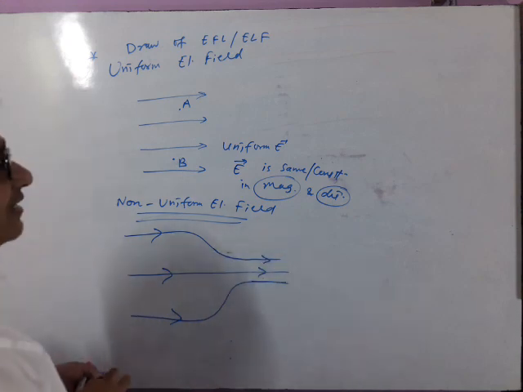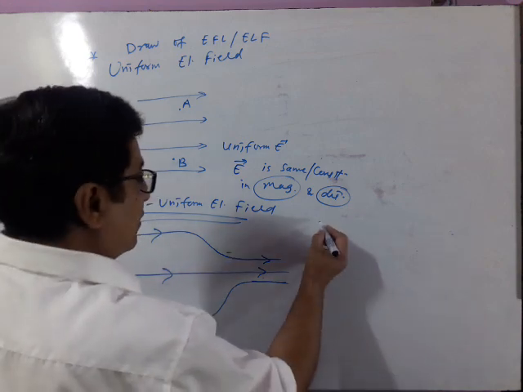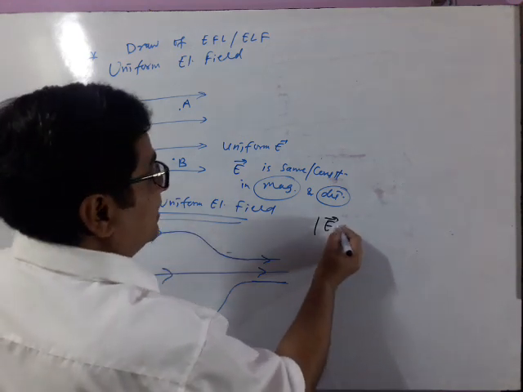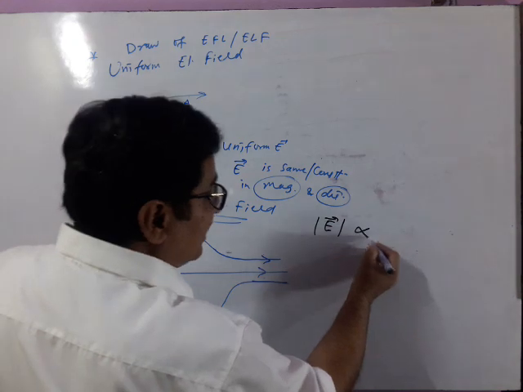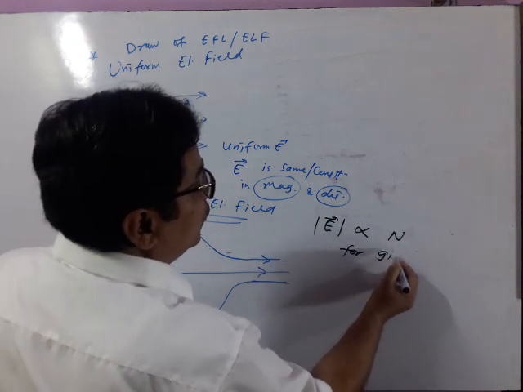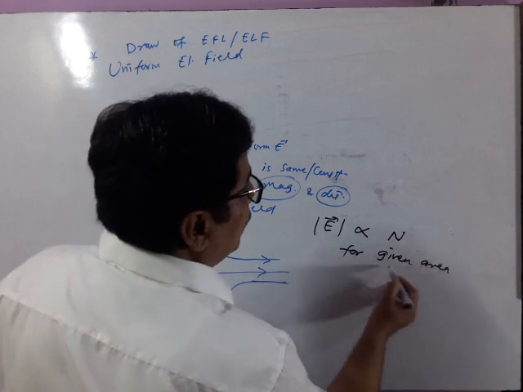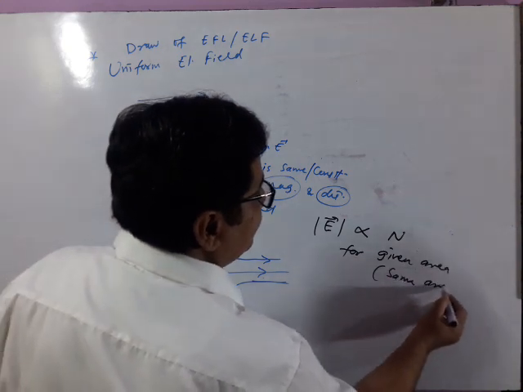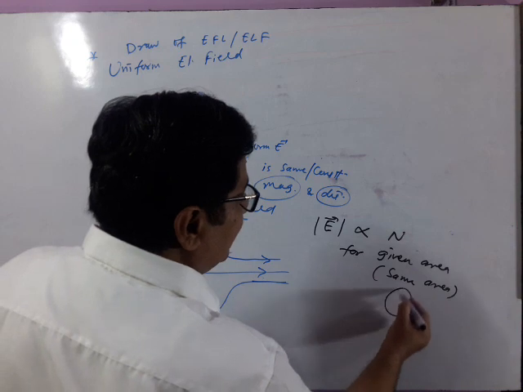Now one more property of electric lines of force, magnitude of electric field is directly proportional to number of electric lines of force for given area or for the same area. Let us consider this area.